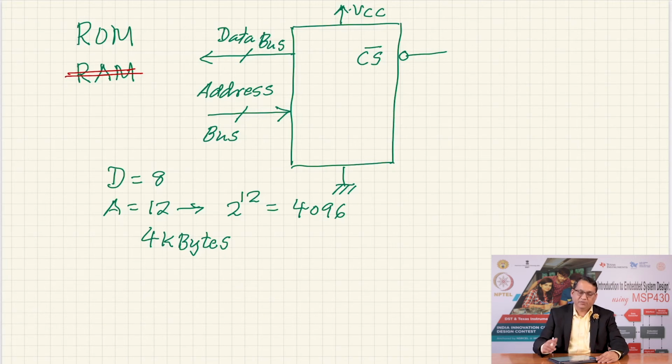To enable this chip, this pin must be held low, and if you do not hold it low, then this chip will not interact with you, will not provide you the data that you expect.